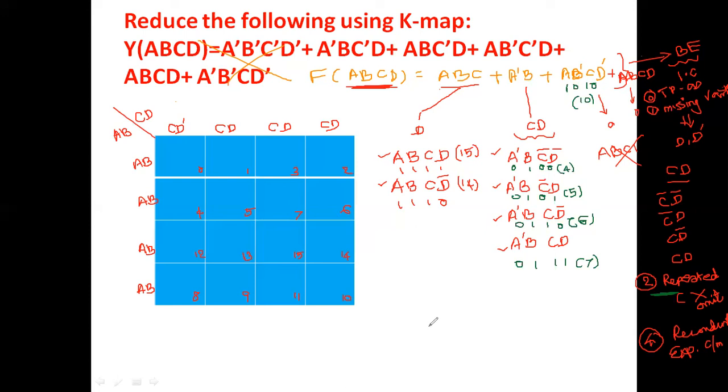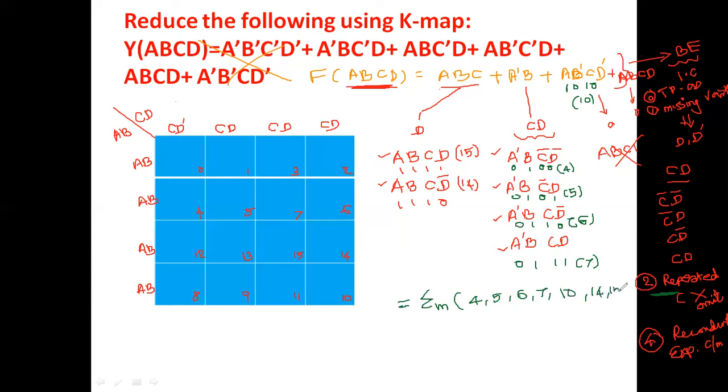Now the above problem is rewritten in terms of minterms: 4, 5, 6, 7, afterwards 10, then 14, and 15.